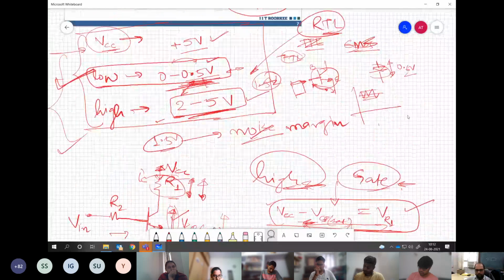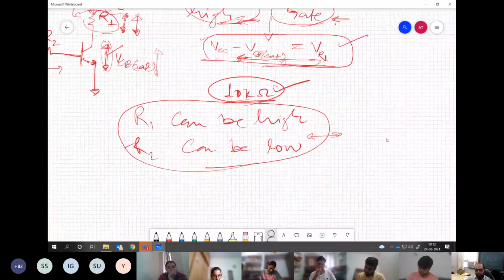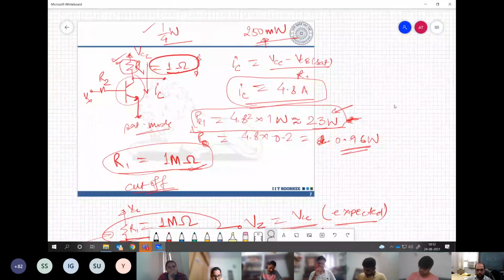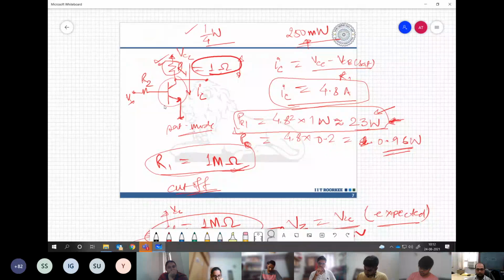And then we have also seen how we can design R1 and R2 so that the transistor behaves in the manner in which we want. So that is the ultimate purpose. If you can make it behave according to your requirement, then it is fine. Your circuit will work fine for all the conditions.